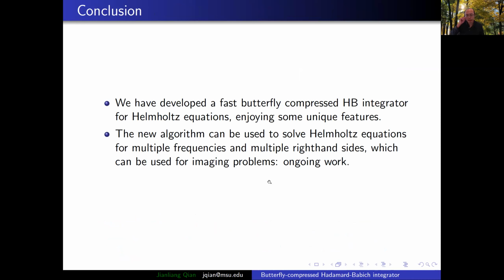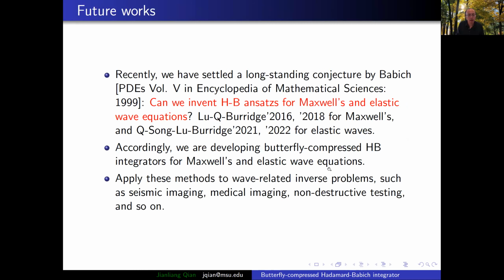We have developed a fast butterfly compression integrator for the Helmholtz equation. It enjoys some unique features, and we can use it to solve the Helmholtz equation for multiple frequencies and multiple right-hand sides. It can be used for imaging problems. There is ongoing work also.